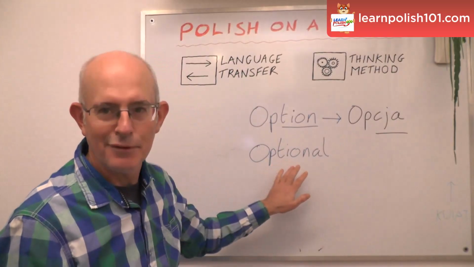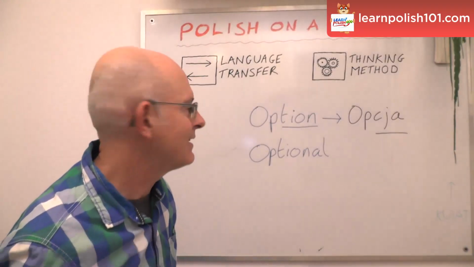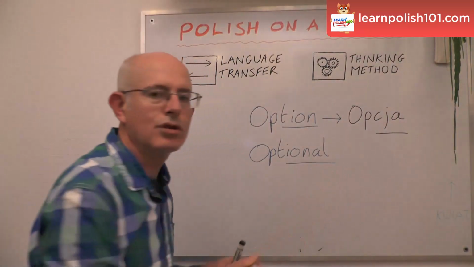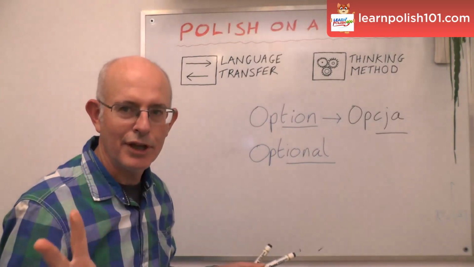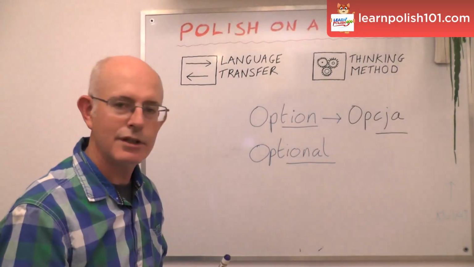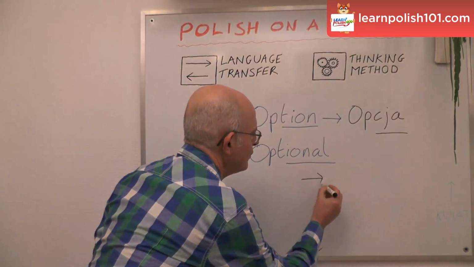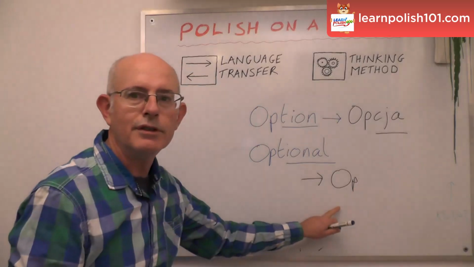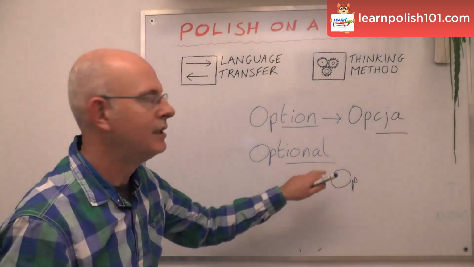And of course we've got more transfers that are possible, and this is English words that end in -tional. Now there are two ways which you can think about this, whichever way works the best for you. The first is exactly as we did before. We will go back to the root of the word, which is just "op", by taking off the -tional.